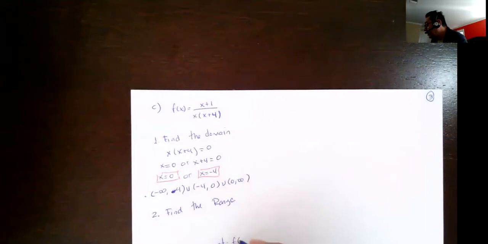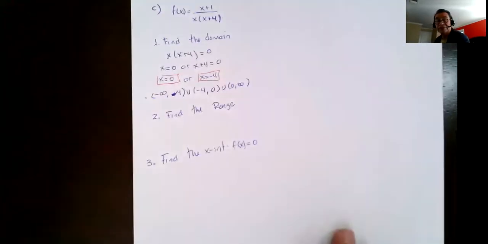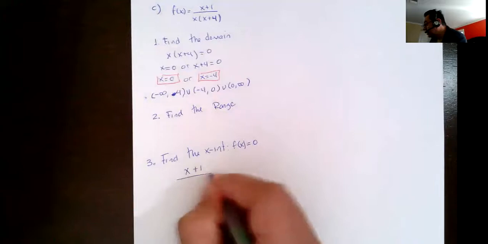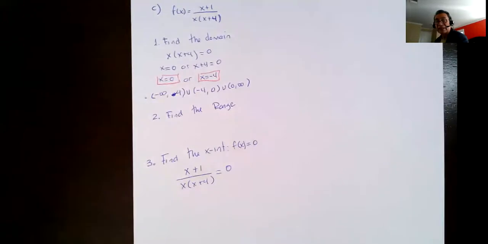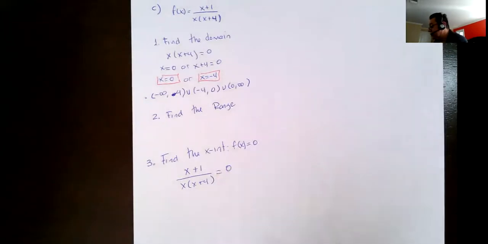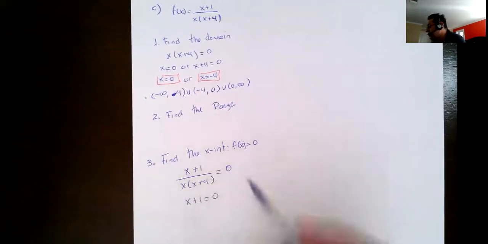Remember how to find the x-intercepts? We make f of x equal to 0 and we solve. So x plus 1 divided by x times x plus 4 equals 0. We solve for x. Every time you have a rational function and you equate it to 0, you're left with the numerator equals 0.